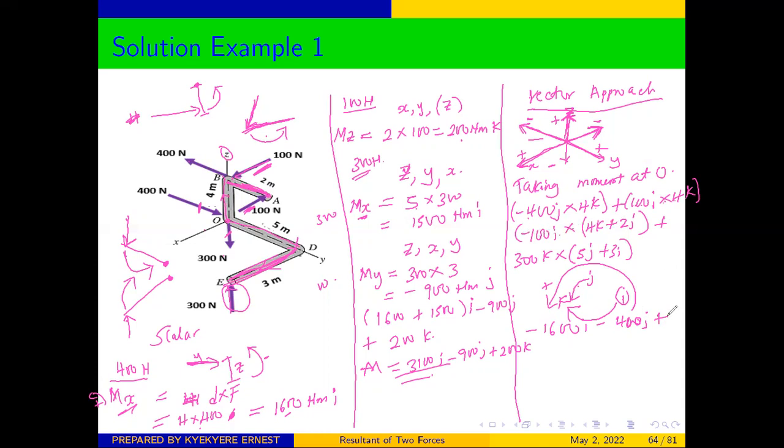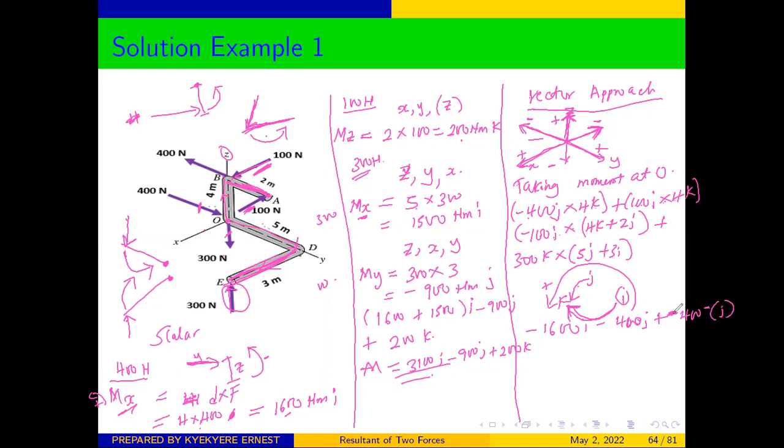It's going to give us negative 400, but j cross k is going to be in the negative direction, which is in the clockwise direction. Therefore, this side is going to give us negative j.